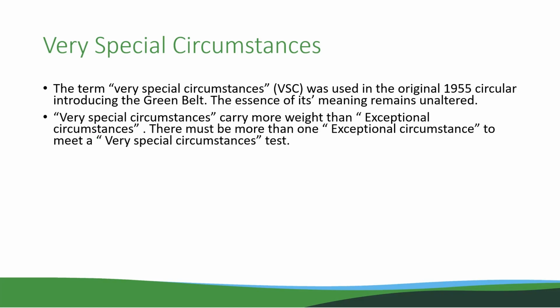It is also the case that proving very special circumstances is a stronger, more stringent test than proving exceptional circumstances. There must be more than one exceptional circumstance to meet a very special circumstance test.